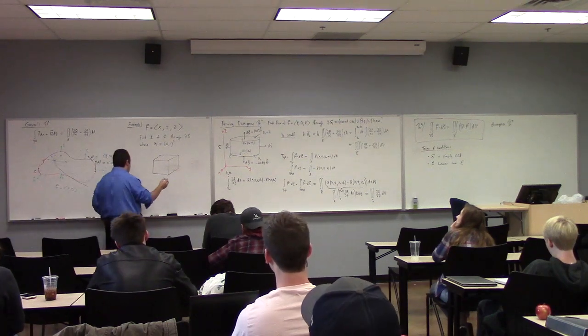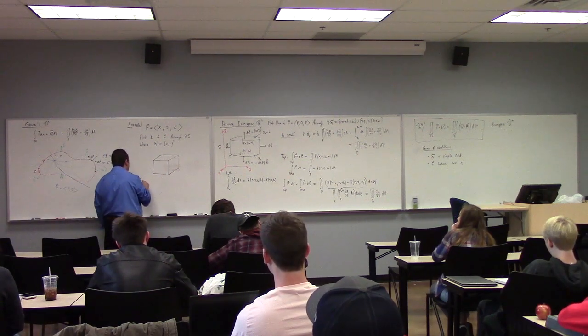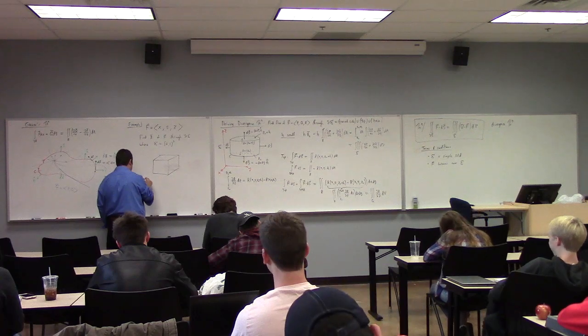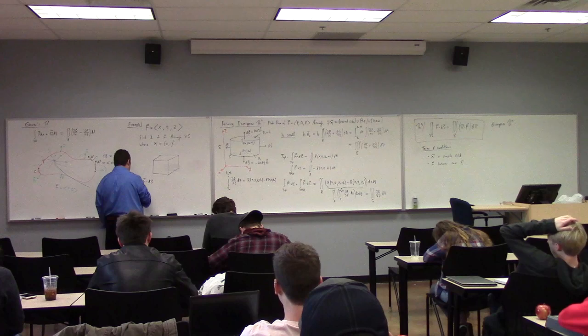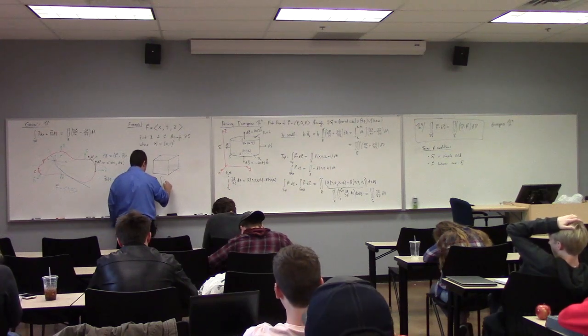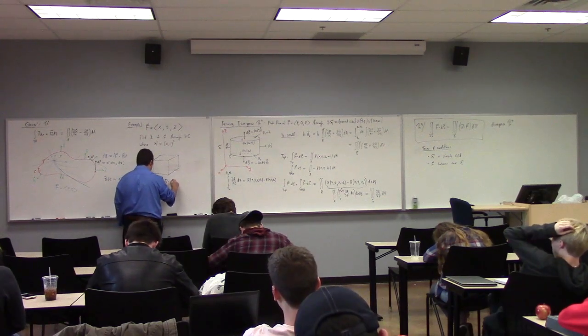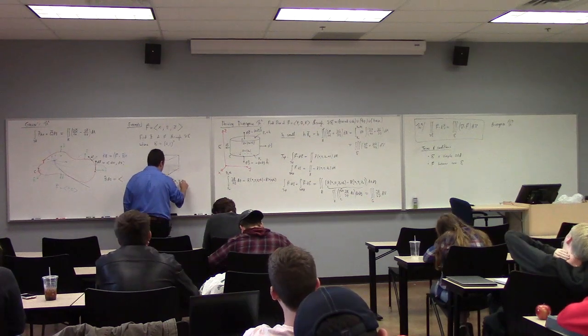So we can use the divergence theorem, right? To replace the integral over the boundary of E with the integral of the divergence. What's the divergence here, though?